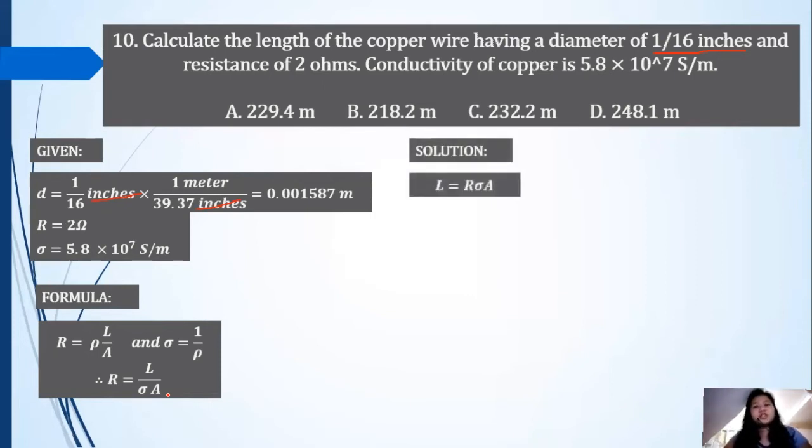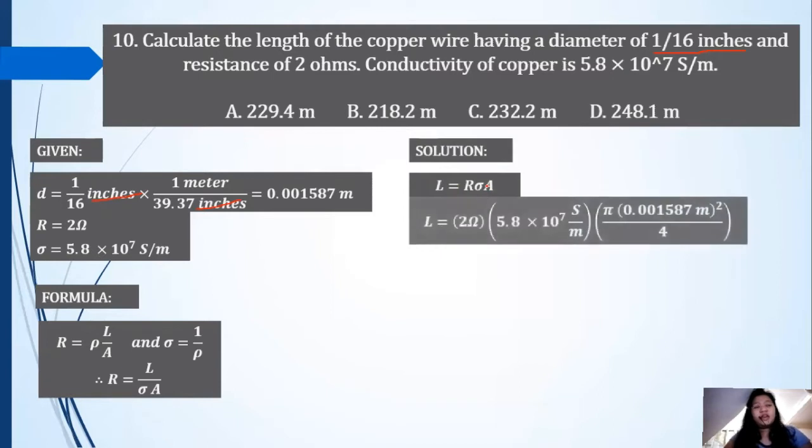In the solution, since we will be calculating the length of the copper wire, we will use the formula: length equals resistance times sigma, or the conductivity of the copper, times the area. And we have the given, so we will just substitute to the formula.